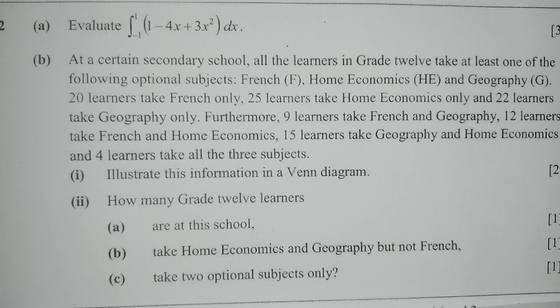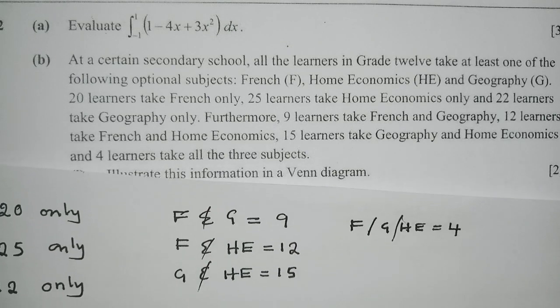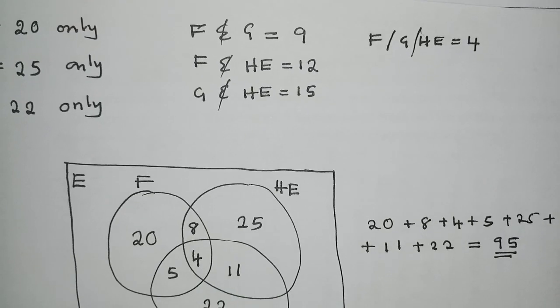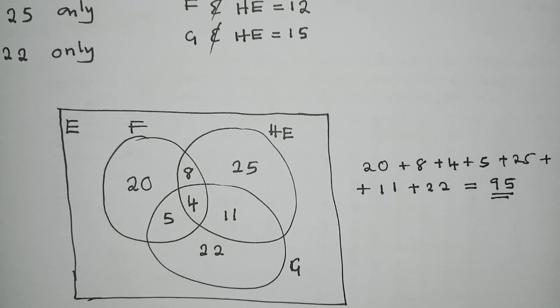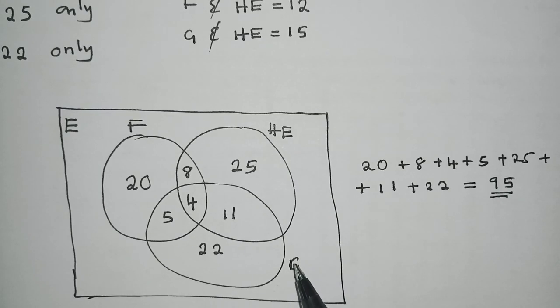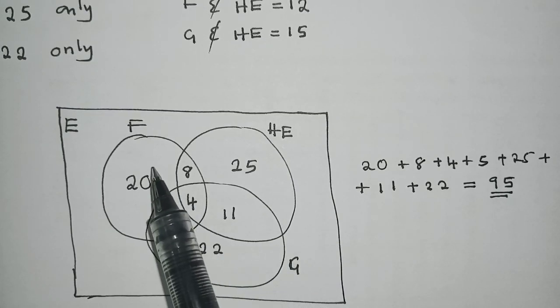How many grade 12 learners take home economics and geography, but not French? So the Venn diagram is very important. So you go to the Venn diagram. They are saying those who took HE and geography, not French.